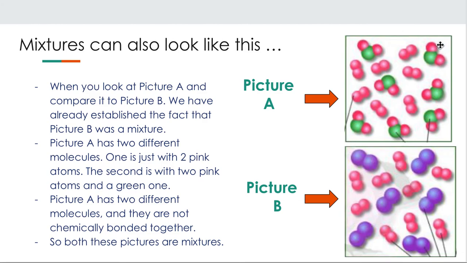You can say that the green with the two pinks is a compound in a mixture. So this whole thing is considered a mixture, and it has a compound right here, and you can also say these are elements. However, when I ask you if this is a compound or a mixture, you need to say that this is a mixture. It's a mixture of two different atoms that are not chemically bonded together.